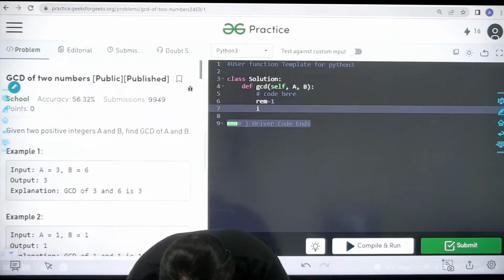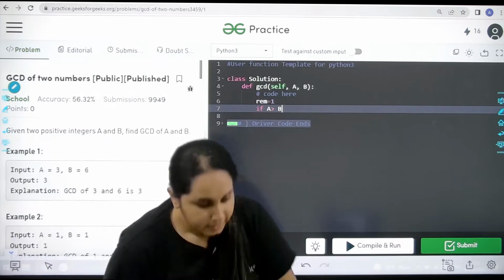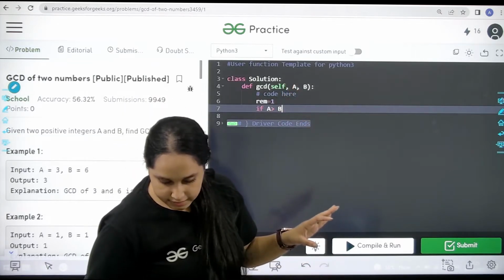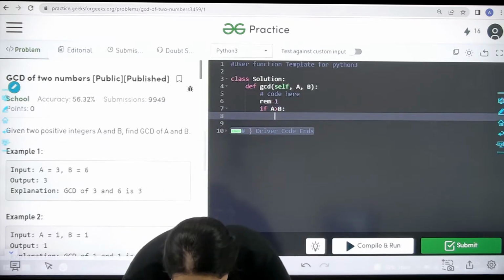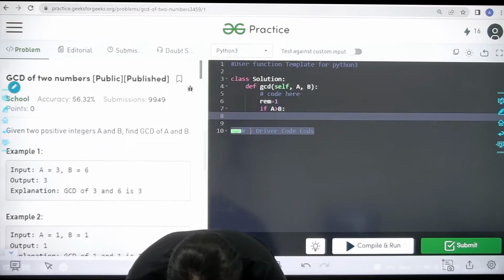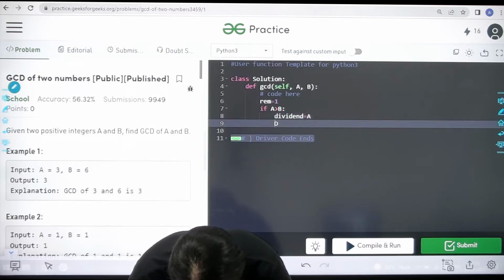If the value of A is greater than the value of B, then my A is the dividend and my B is the divisor.